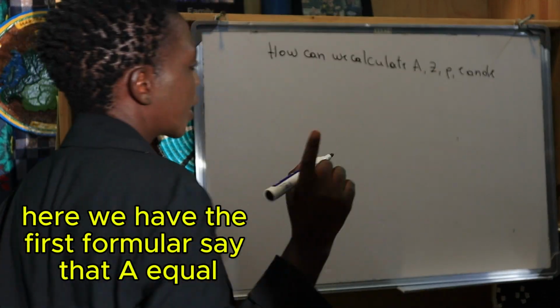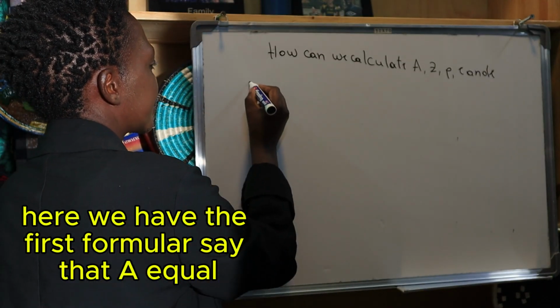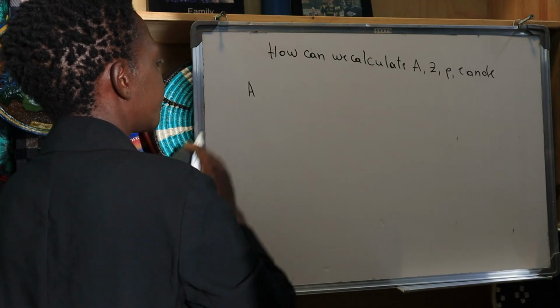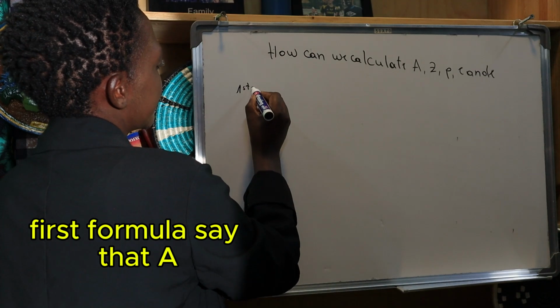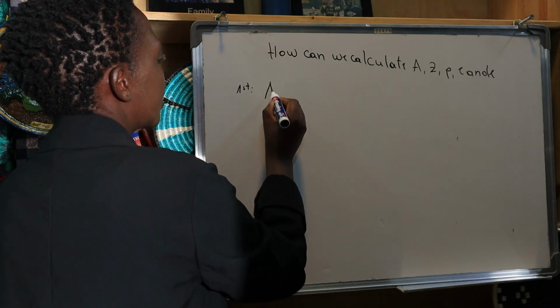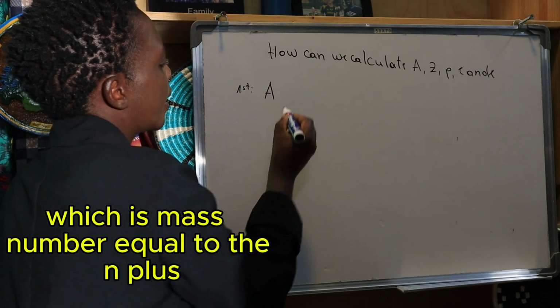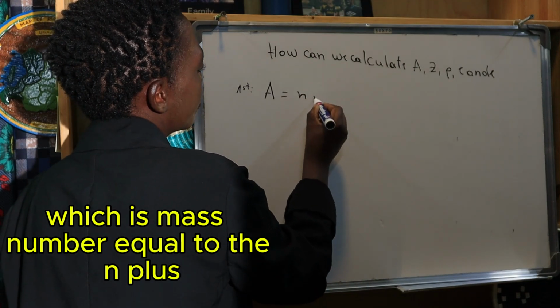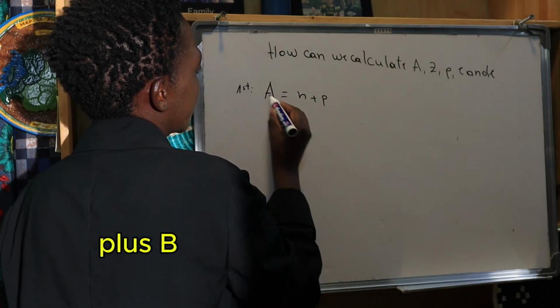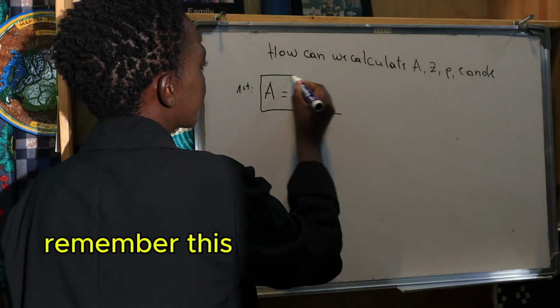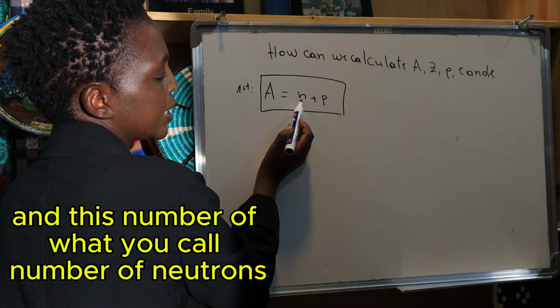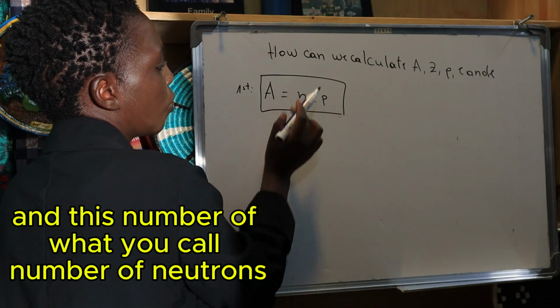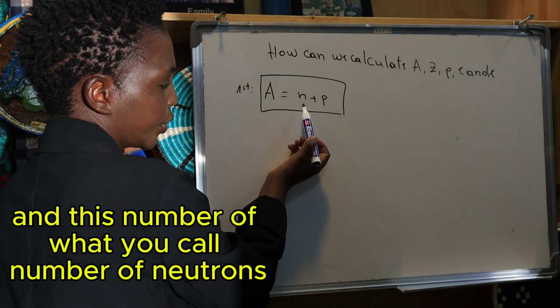The first formula says that A, which is mass number, equals N plus P. Remember, P is the number of protons and N is the number of neutrons.